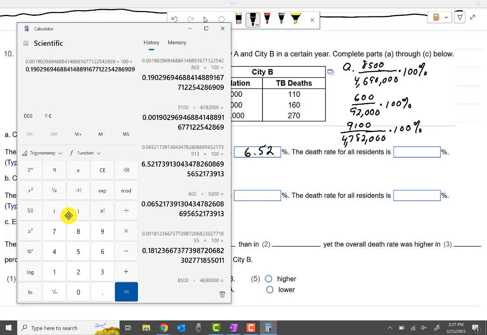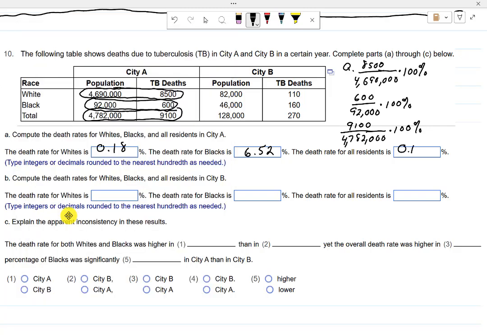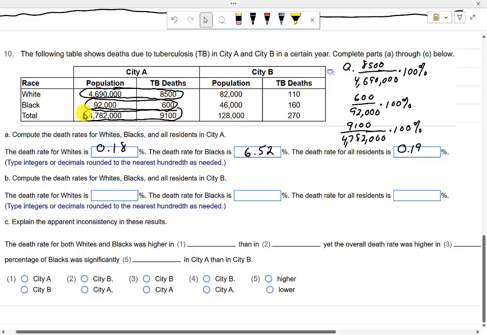Here to 2 decimal places, I get 0.19%. Now notice that it's closer to the white death rate than the black death rate because there were so many more white citizens in this city than black citizens.